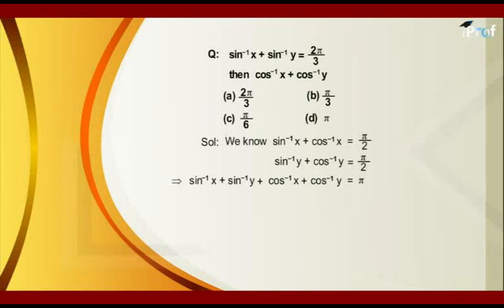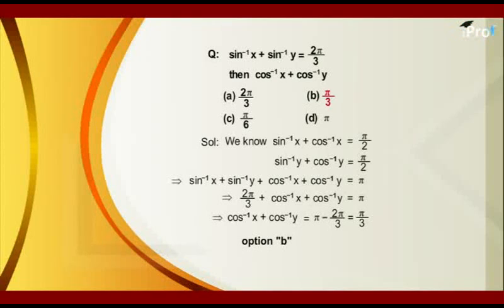But sine inverse x plus sine inverse y is given to be equal to 2 pi by 3, so 2 pi by 3 plus cos inverse x plus cos inverse y is equal to pi. Hence, cos inverse x plus cos inverse y is equal to pi minus 2 pi by 3, which comes out to be equal to pi by 3. Hence, choice second is correct.